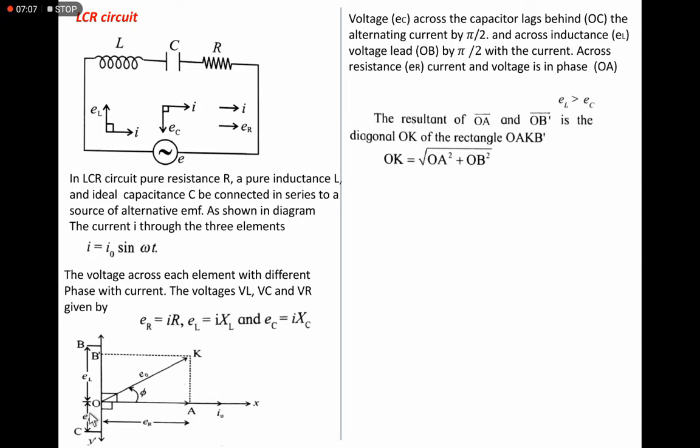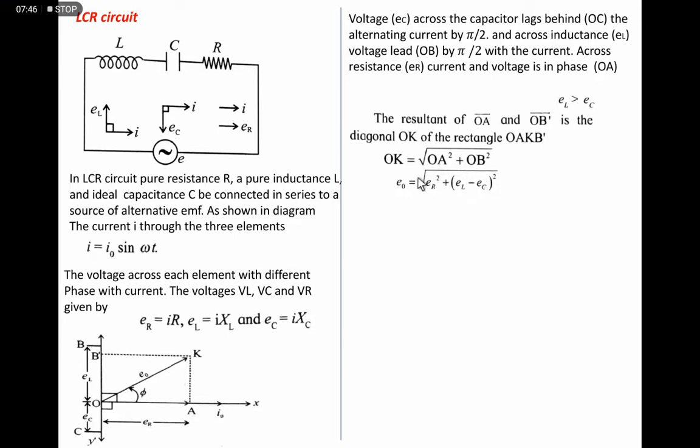Now OA is ER, the EMF across resistance, with the peak current in phase across the resistance. Therefore we'll write ER square here, and for OB, as I said, the EMF across inductance is more than across the capacitance, therefore EL minus EC is AK, or you can say OB. Therefore here EL minus EC bracket square.